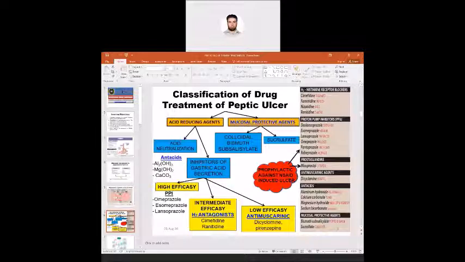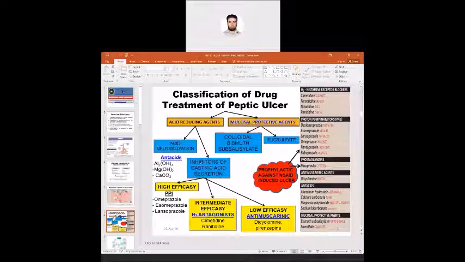Because of the low efficacy of the antimuscarinic agents, and because they can have other systemic side effects on the bladder, for example, causing urine retention, on the colon, causing constipation, on the eye, causing blurred vision, and on the mouth, causing dryness of the mouth.